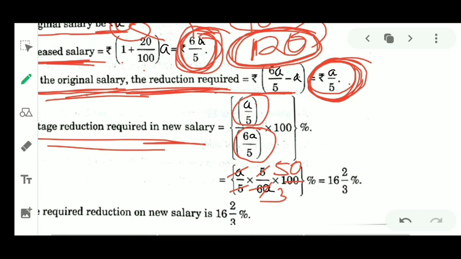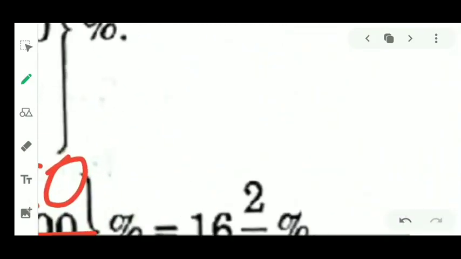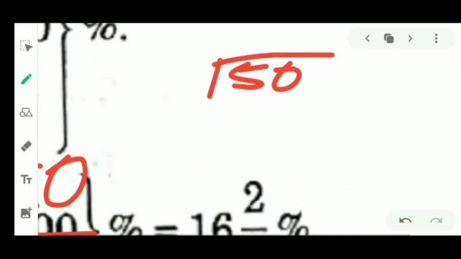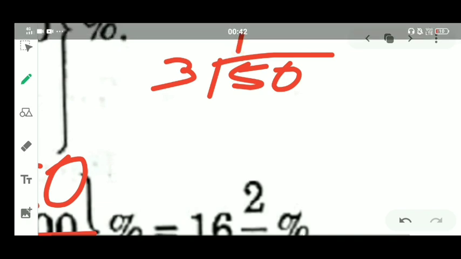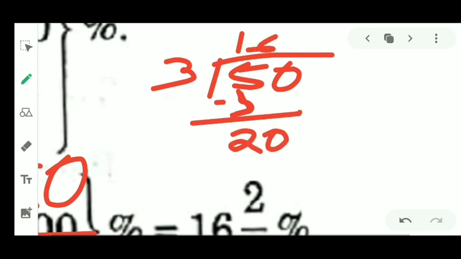Now 50 by 3 is an improper fraction. So we have to convert the improper fraction into a mixed fraction. 3 into 1 is 3, 5 minus 3 is 2, then we have 0, 3 into 6 is 18, 20 minus 18 equals 2.